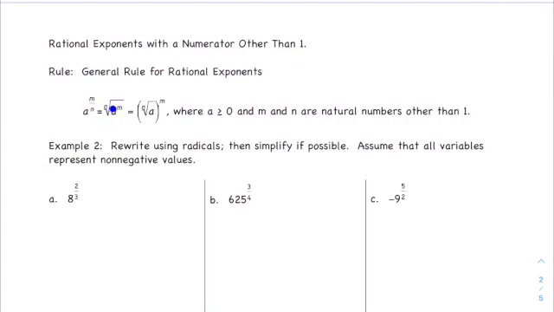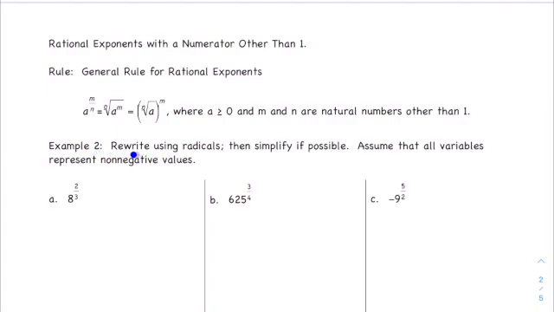So the exponent stays inside, and the index number goes outside. The denominator goes outside, the numerator goes inside. Or you can write it as a to the 1 over n, in parentheses, raised to the m. Either one is okay. Most of the time, I like to see everything get reduced first before I multiply into the higher power. So we'll see which one is easier and which way you guys like.